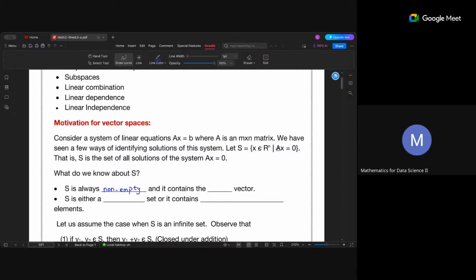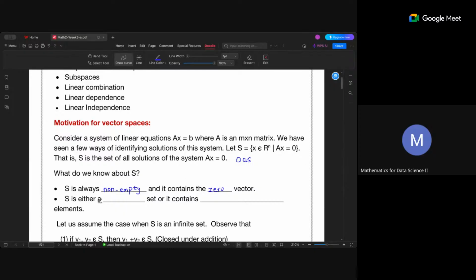What is the obvious solution of Ax = 0? It is the zero solution. So the 0 vector always belongs to S, for any A. That is why S is always non-empty and it contains the 0 vector.